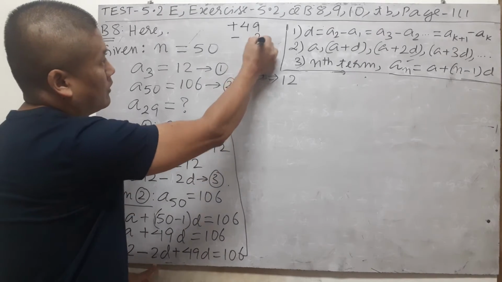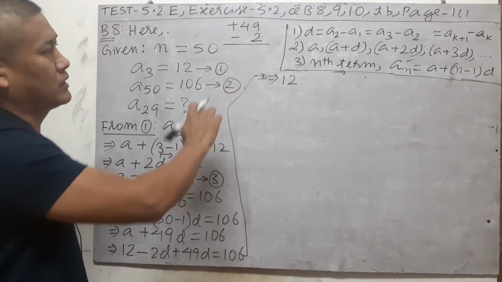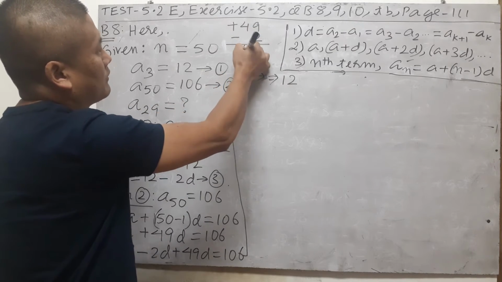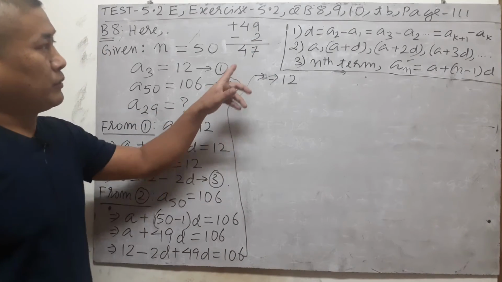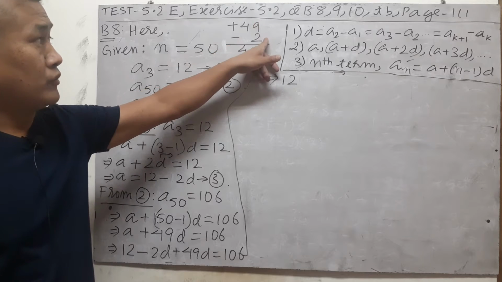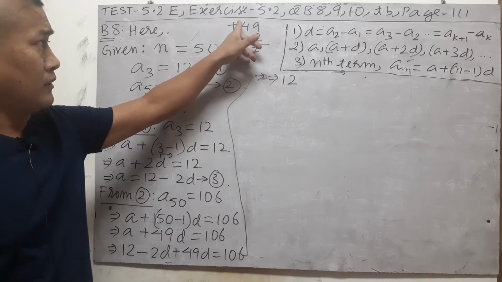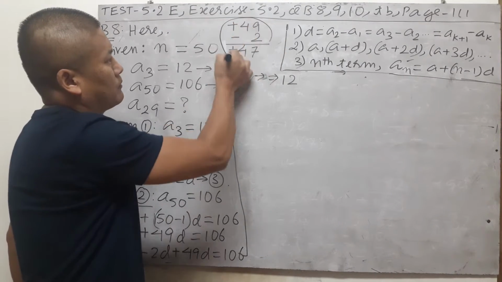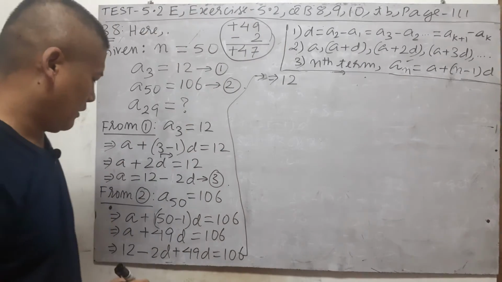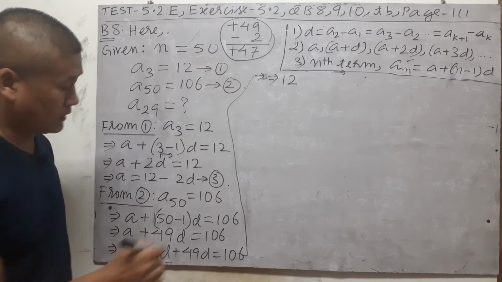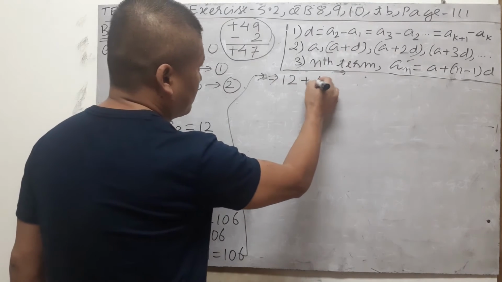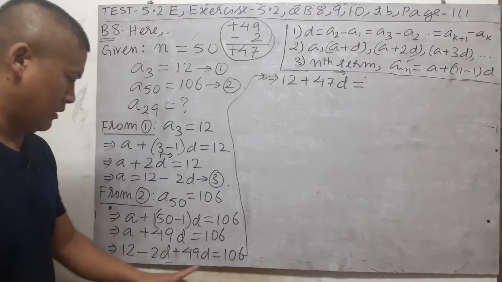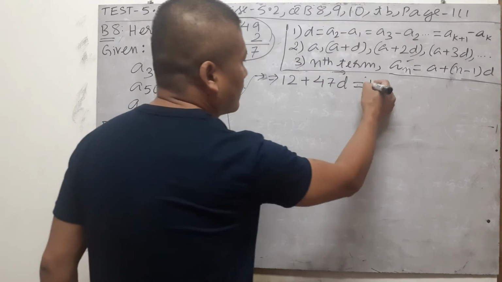So when we have plus and minus, we subtract. So 9 minus 2 is 7, and here 4 left. The bigger absolute value is 49, bigger than 2, and its sign is plus. So this answer 47 will also have the same sign as the bigger absolute value, plus. So minus 2D plus 49D will be plus 47D, which will be equal to 106.